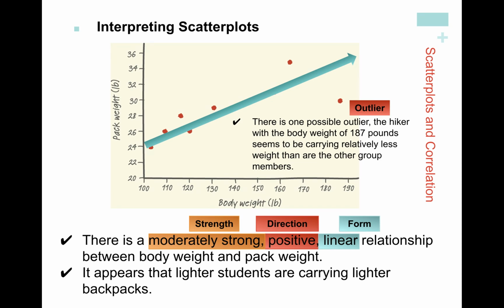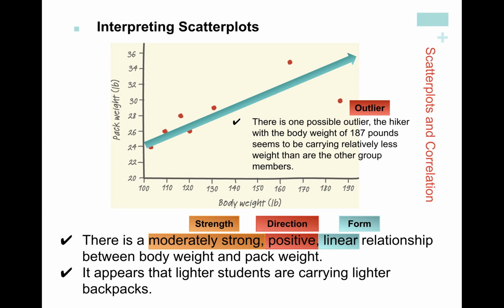Strength is talking about how strong is that relationship of the dots to our model, to some kind of model. Now, here's the tricky part. It could be very strong and nonlinear. So for example, if we had some kind of an exponential curve here, and the dots sat right on that exponential curve, that would be considered a strong relationship.